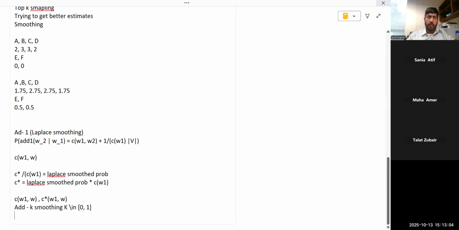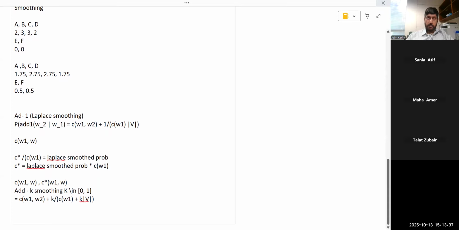So add-k smoothing का फॉर्मूला बेसिकली ये है, c w1 w2 plus k divided by c w1 plus k, where k is less than 1. Obviously it doesn't make any sense to take k greater than 1, because 1 से ही हमारे पास इशू आ रहा है, तो हमको k less than 1 करना पड़ेगा. So usually k is a small value. ठीक है, so that's one way that you can do.